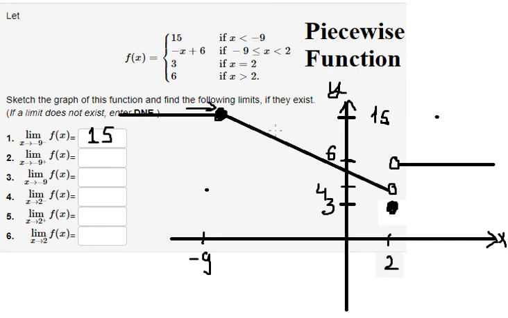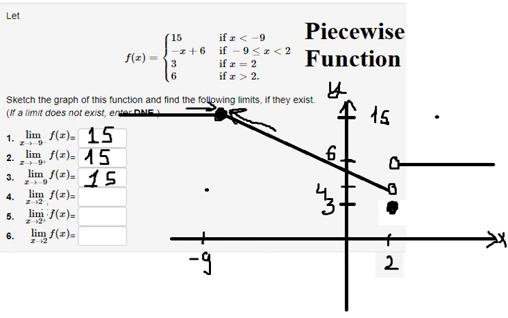On the right, they will go from here to here. So when they go close to negative 9, we have 15. We see that the limit on the left equals the limit on the right. That means we can find the value of this one, and that should be about 15.